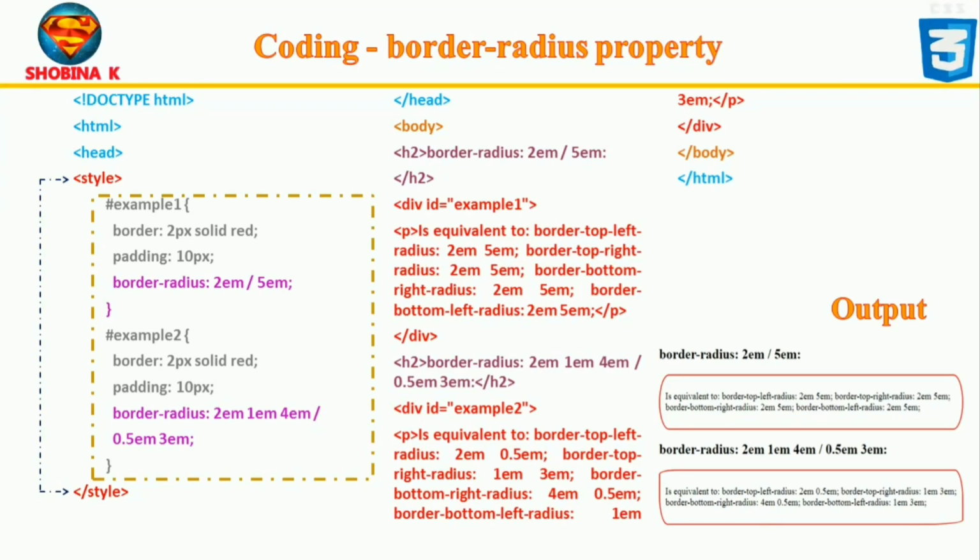For example, border-radius equals 2em, 1em and 4em slash 0.5em and 3em. The border-top-left-radius will possess 2em and 0.5em. Border-top-right-radius will have 1em and 3em. Border-bottom-right-radius will have 4em and 0.5em. Border-bottom-left-radius will have 1em and 3em.